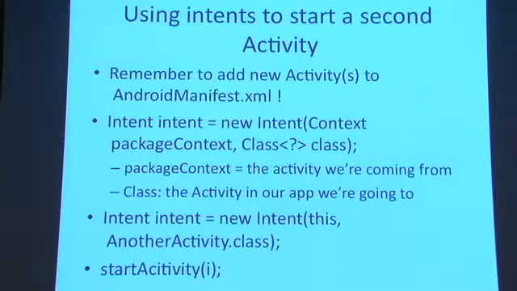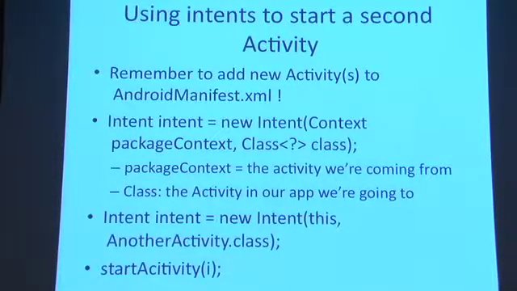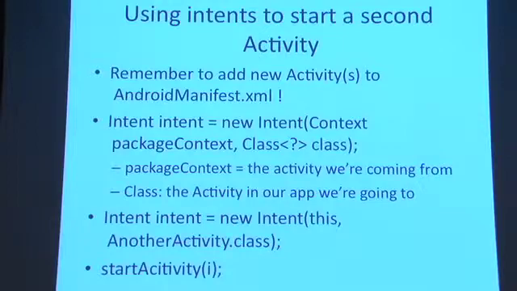So in most cases, you can say intent equals new Intent(this, NextActivity.class), where this refers to the activity that you're currently on, and the class is whatever your next activity actually is. Here on the third bullet point is an actual example of how we can accomplish switching to a second activity. And to actually start the activity, we have that last command, startActivity, with its parameter being the intent that you have defined previously.